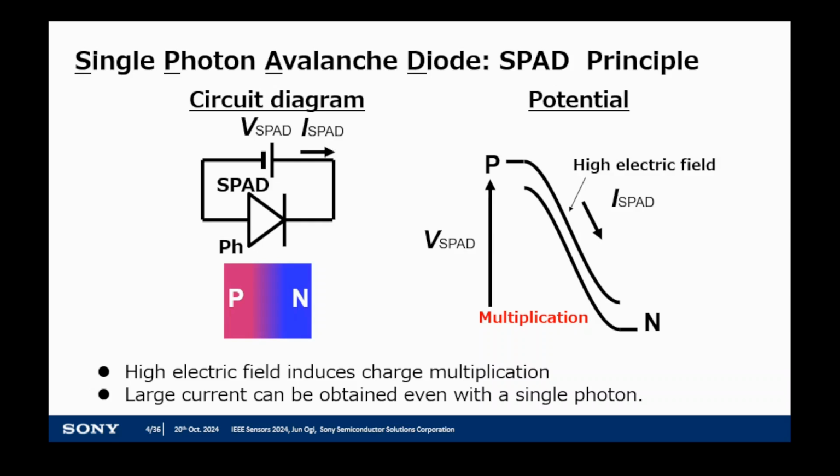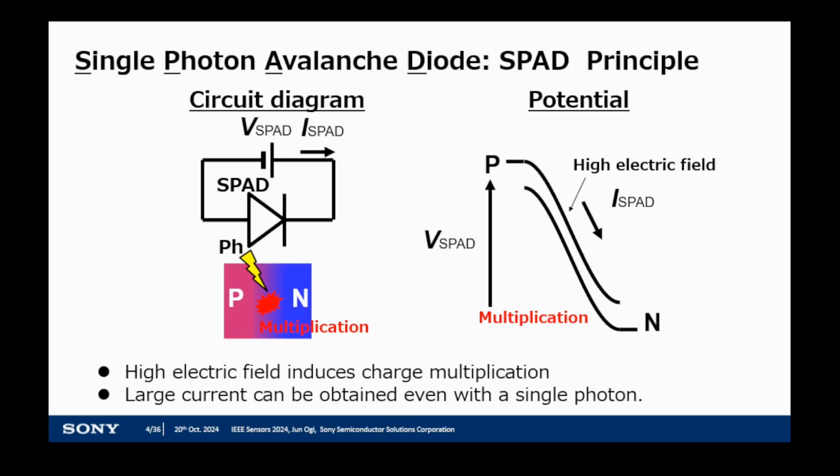The applied voltage makes a high electric field in the p-n junction, and the high electric field induces charge multiplication, like this. Single electron, and this shows a potential diagram in the p-n junction.